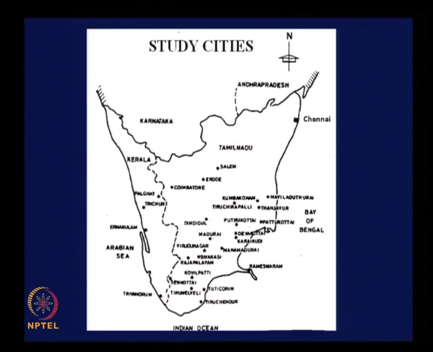In total, travel from Chennai to 26 other cities spread in 2 states were considered for calibrating a binary choice model, a split model, as a simple linear regression equation.